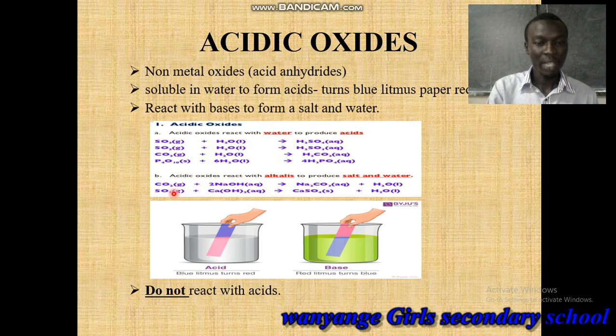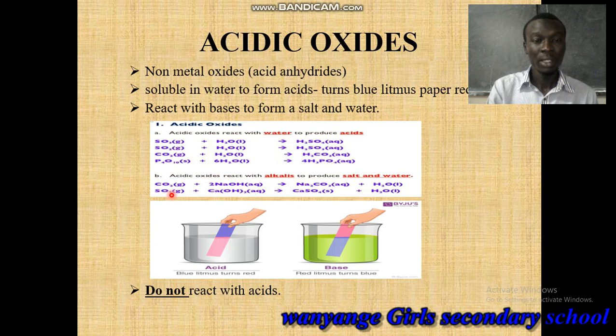Sulfur trioxide plus calcium hydroxide, which is the base, forms calcium sulphate. Note again that the salt has been formed from the metal which is in the base. So the calcium is the one that has combined with the sulfate ion.